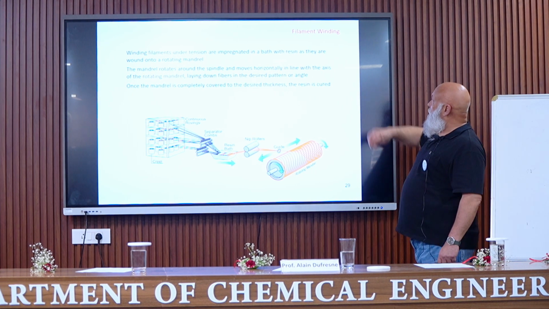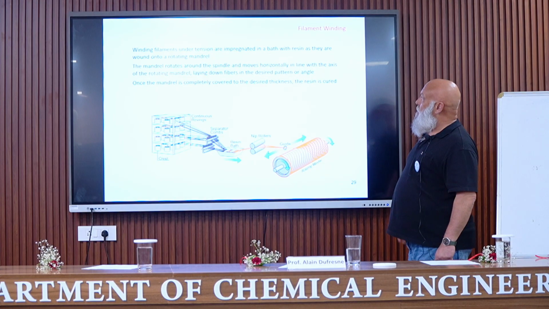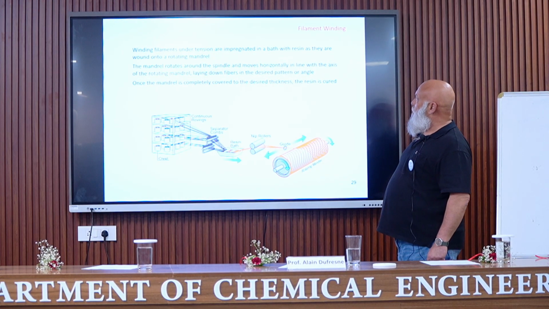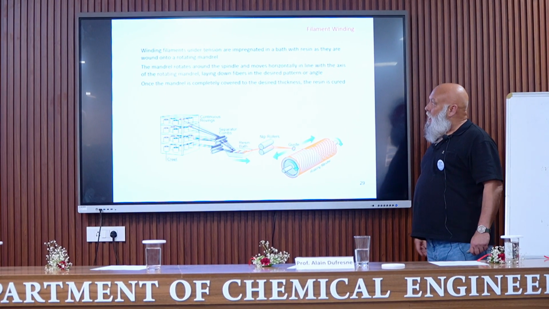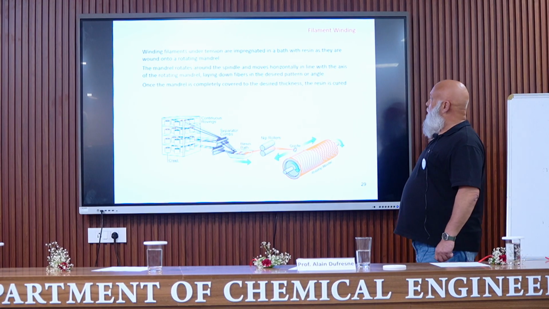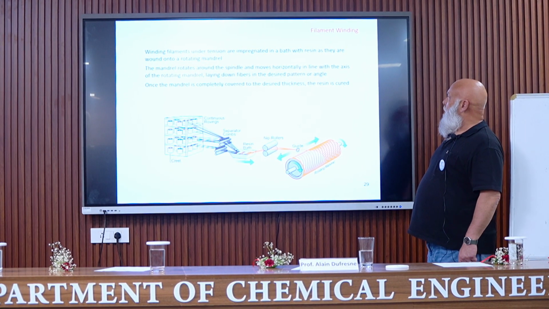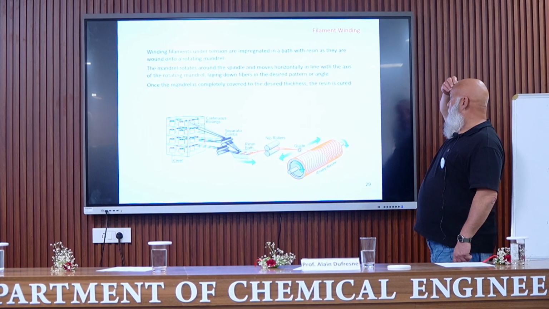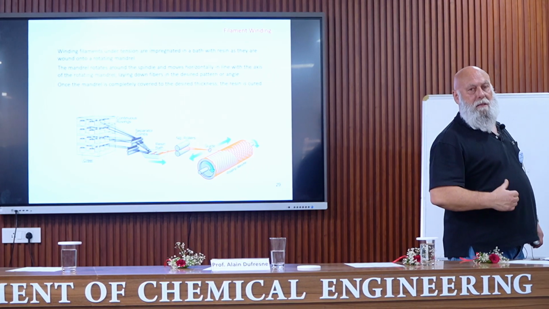The mandrel rotates around the spindle and moves horizontally in line with the axis of the rotating mandrel, laying down fibers in the desired pattern or angle. And when the mandrel is completely covered, the resin can be cured. You can understand that in this case, of course, the fiber content is very high. So it's usually more than 80%.